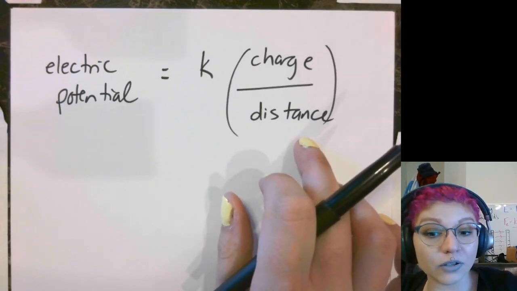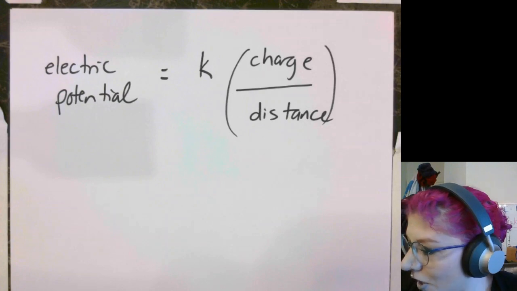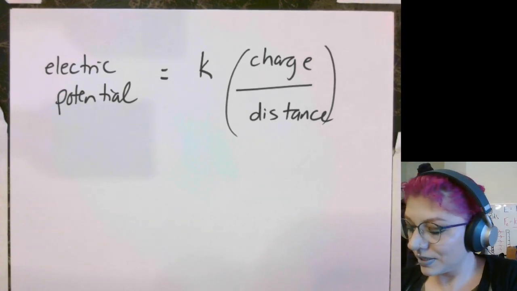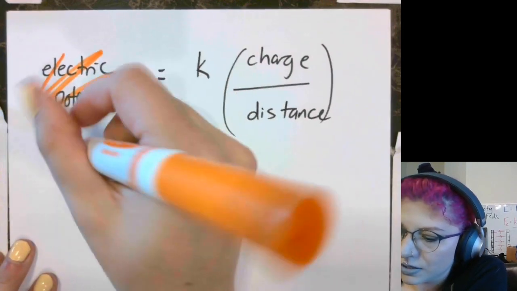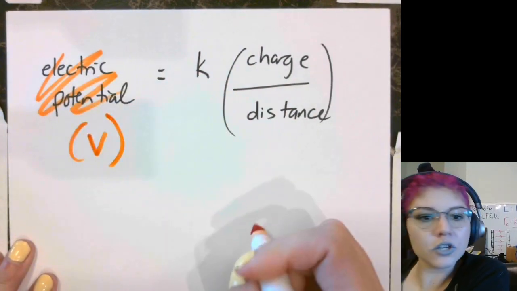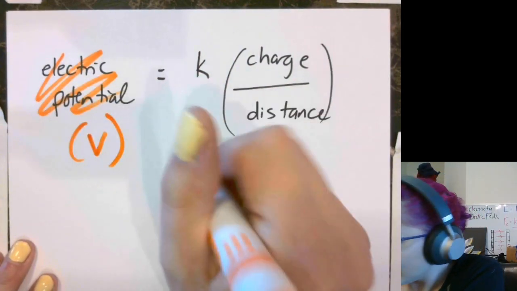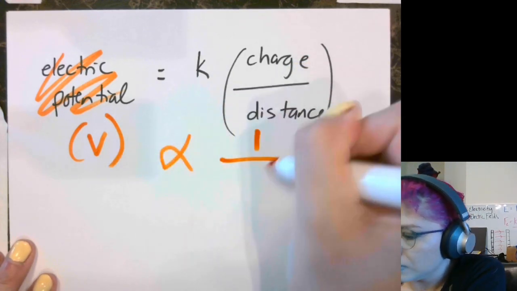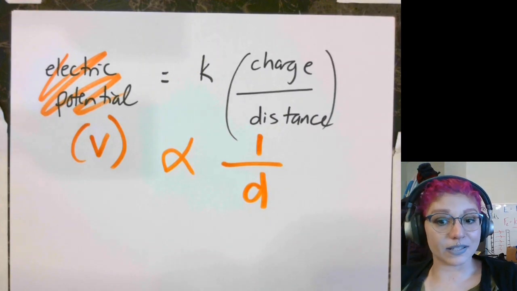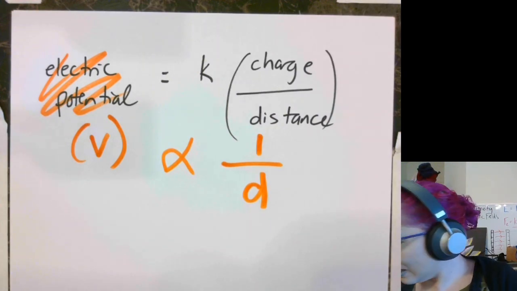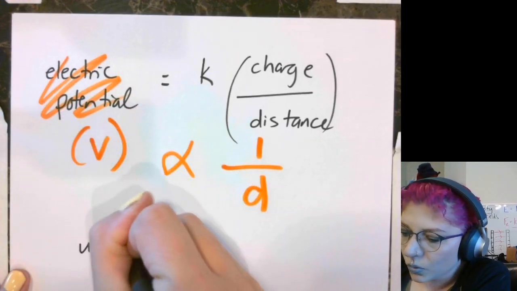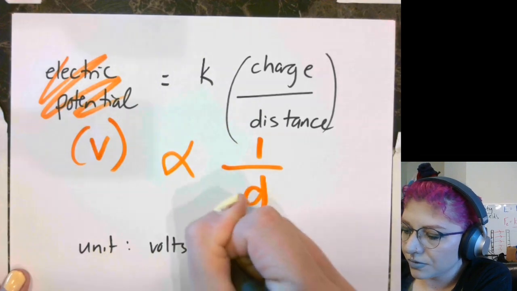Again, if you're interested, reach out. But otherwise, you're going to take my word for it that this is correct. And you can see that electric potential, so this is the voltage, is inversely proportional to the distance. And again, that makes sense. And in this case, the unit we're looking at is volts, V.